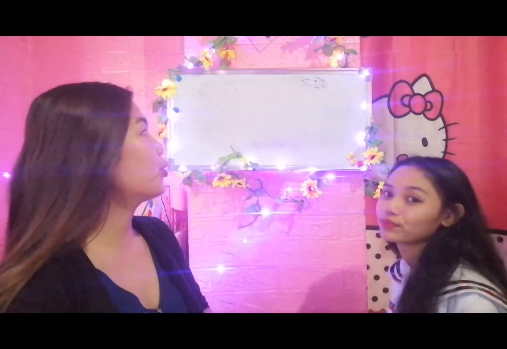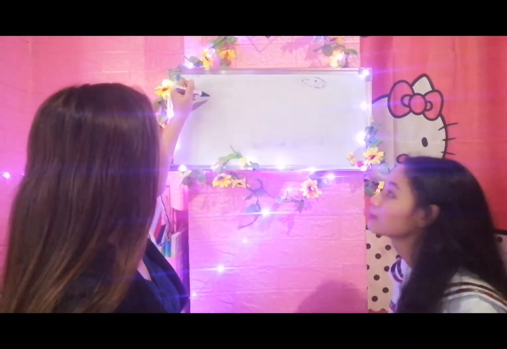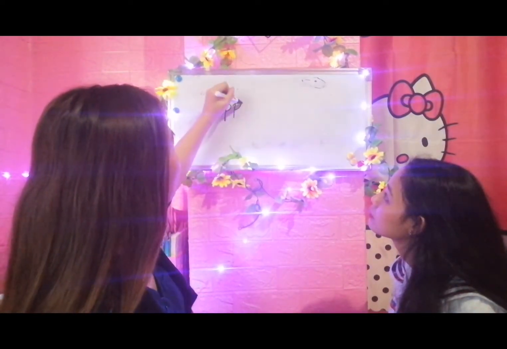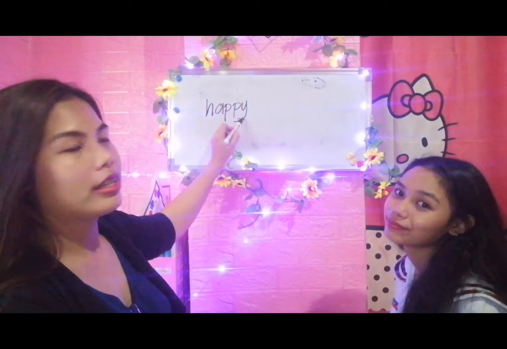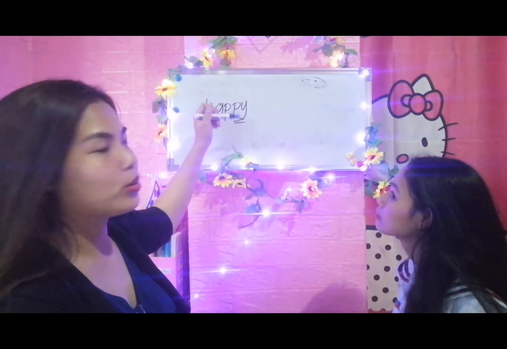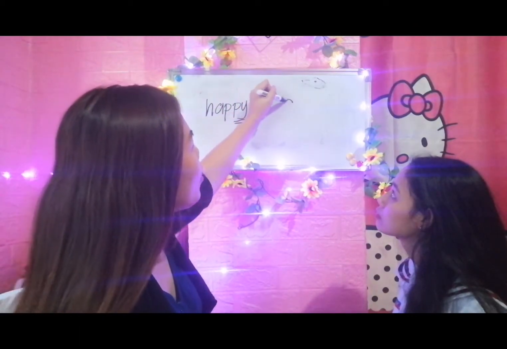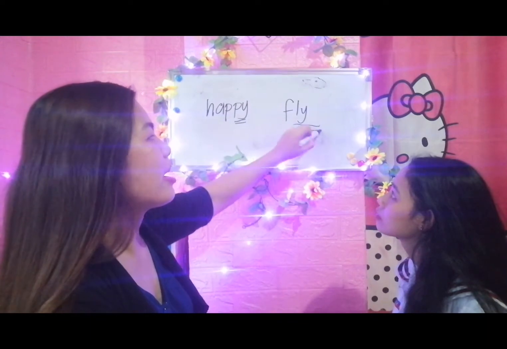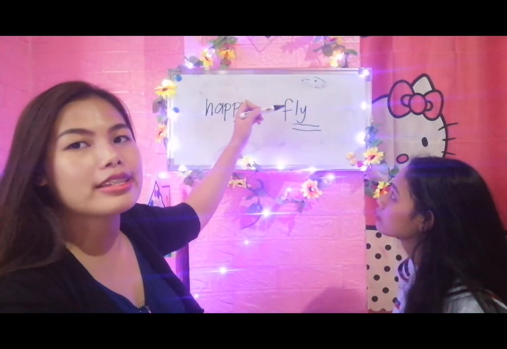For example, for rule number 5, happy. This is the short E sound. Another example, fly. This is the long I sound.